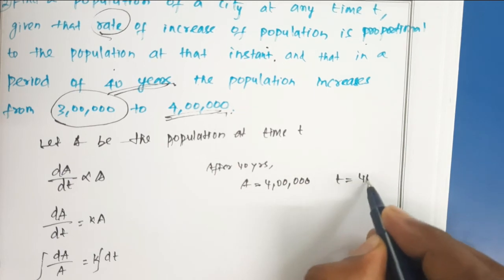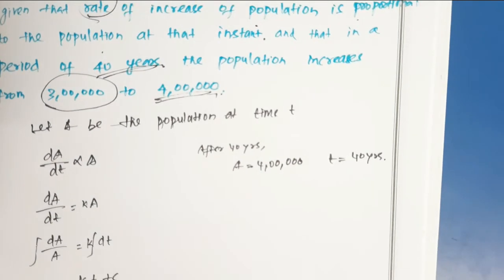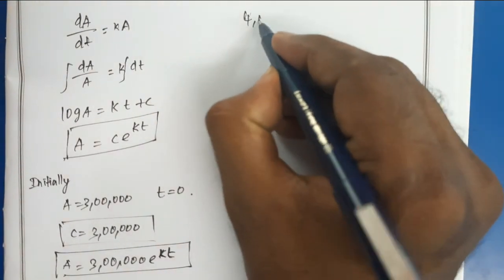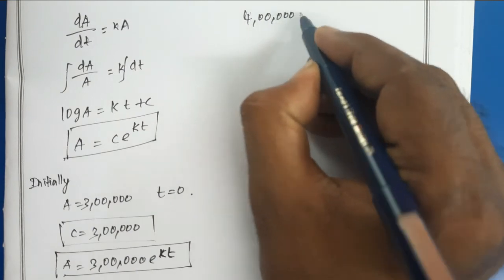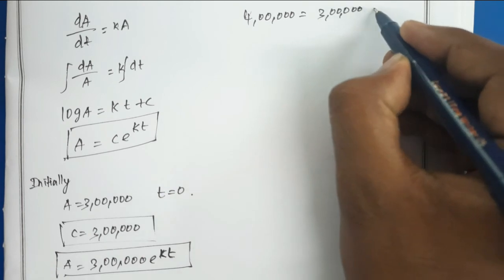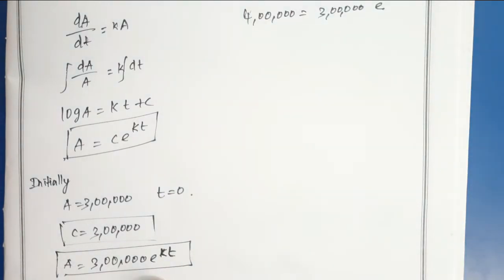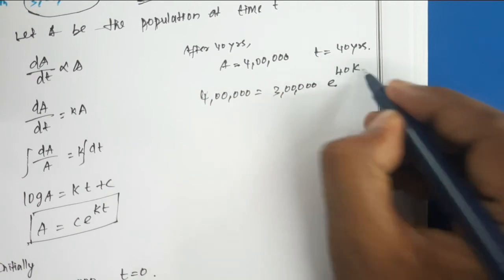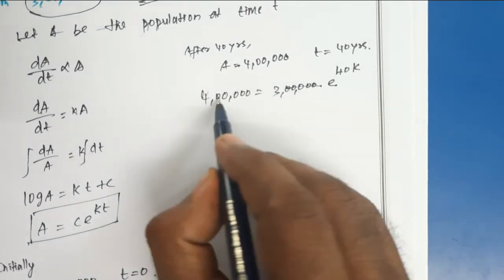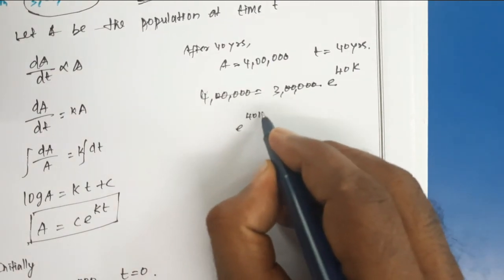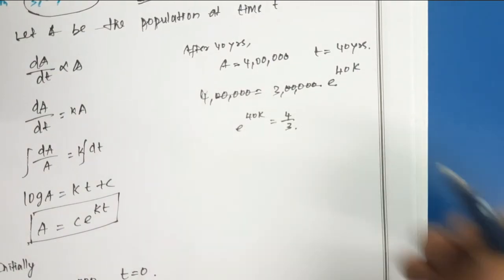Substituting in this equation, 4 lakhs is equal to 3 lakhs into e power k into t, where t value is 40, so 40k. By cancelling 5 zeros on both sides, we get e power 40k is equal to 4 by 3.